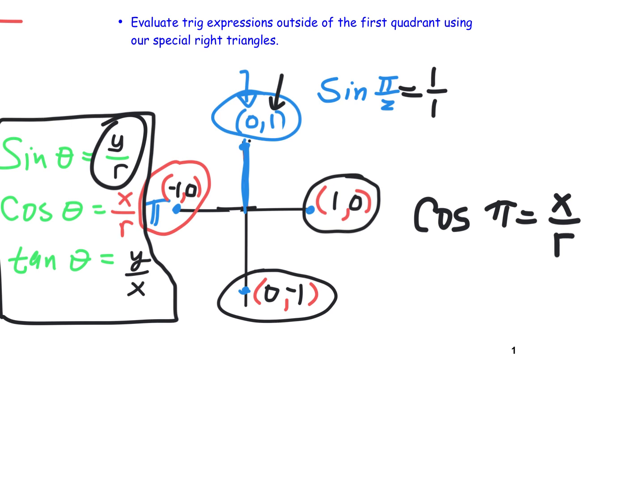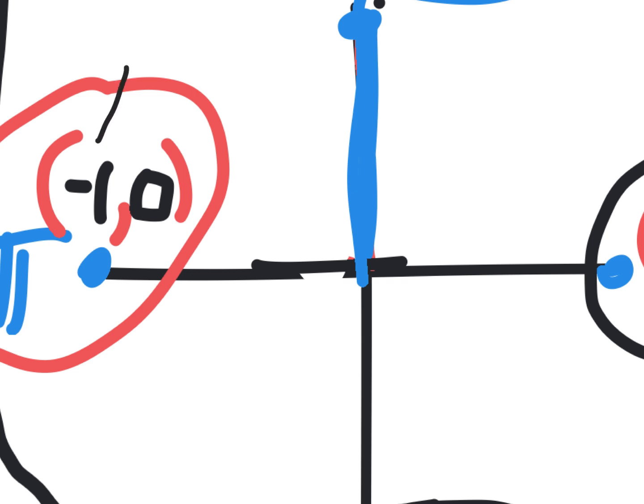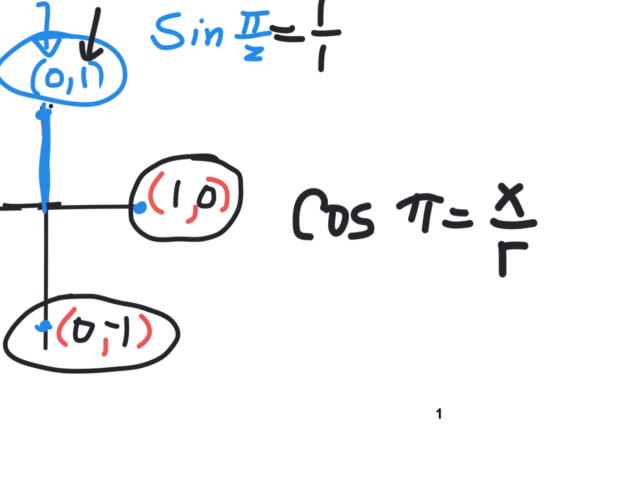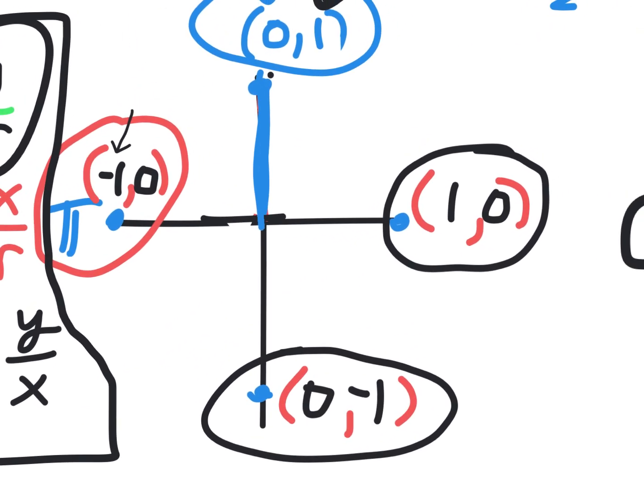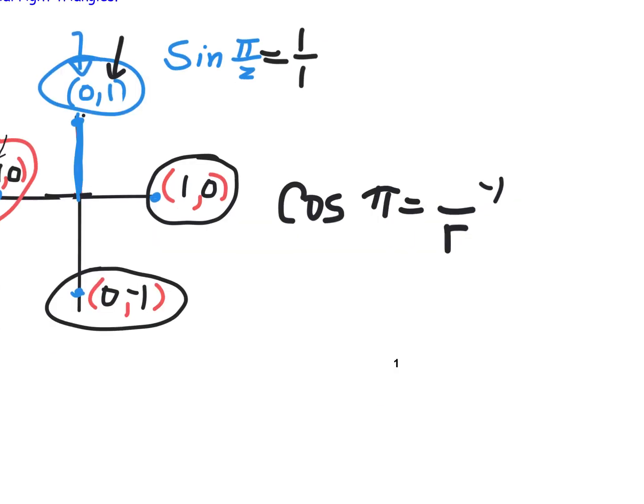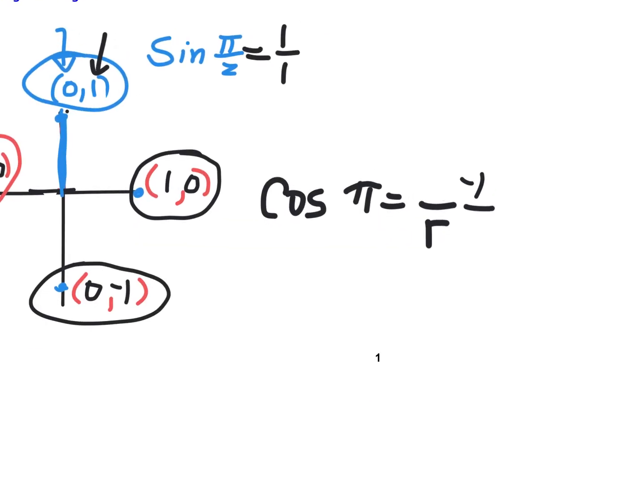For this point right here, what is the x? It's negative 1. So negative 1 over what's the r at that spot? What is the radius? Well, hint, on all of these, the radius is 1. Every one of them, it's 1. So it's negative 1 over 1.